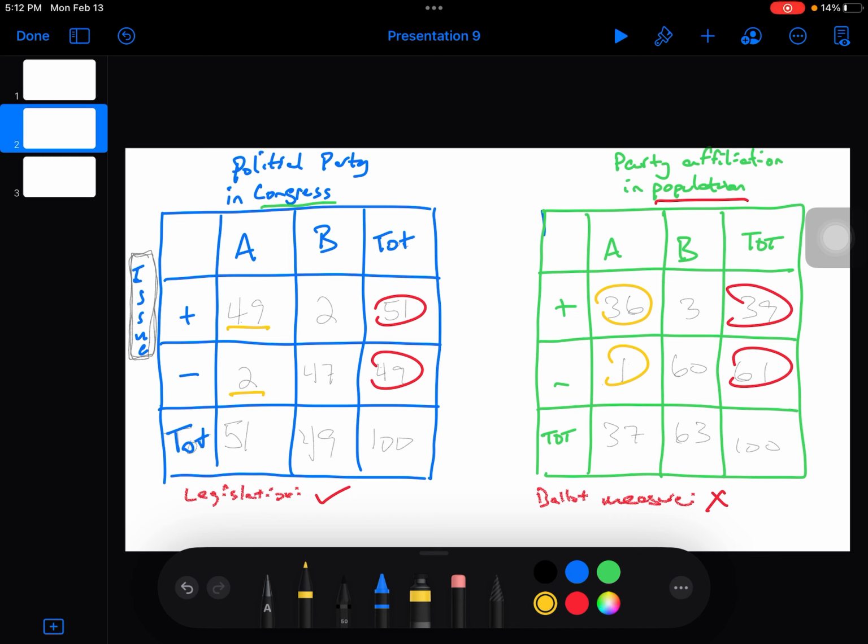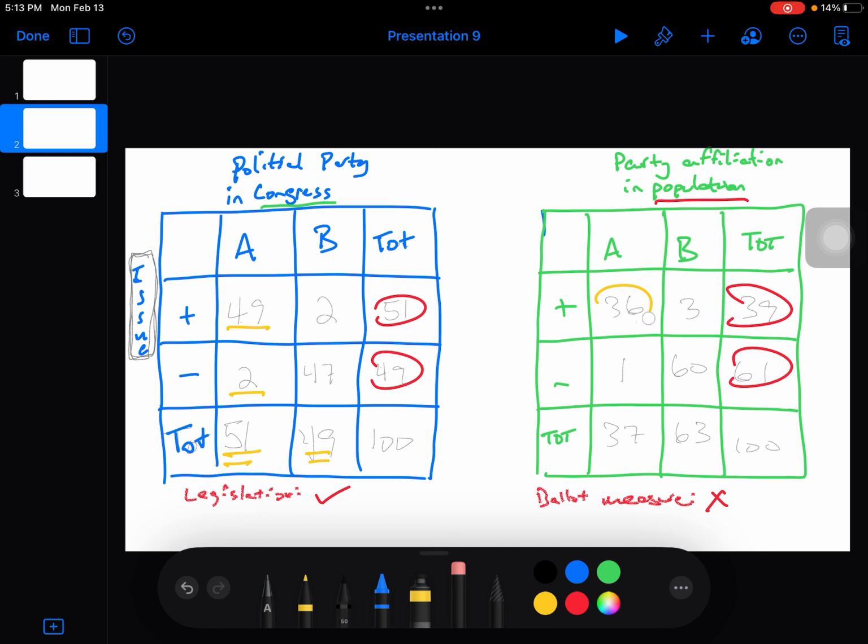But the main difference here is, Party A controls just over half of whatever seats in Congress, if this is the House, or if it's unicameral in a different country, or bicameral. 51 to 49, so Party A has a slight majority in the legislature, but in the population, people more commonly identify with Party B. So this could be a situation where Party B ran some very unattractive candidates, or it could be through gerrymandering or some sort of voter suppression that this type of situation may resolve.